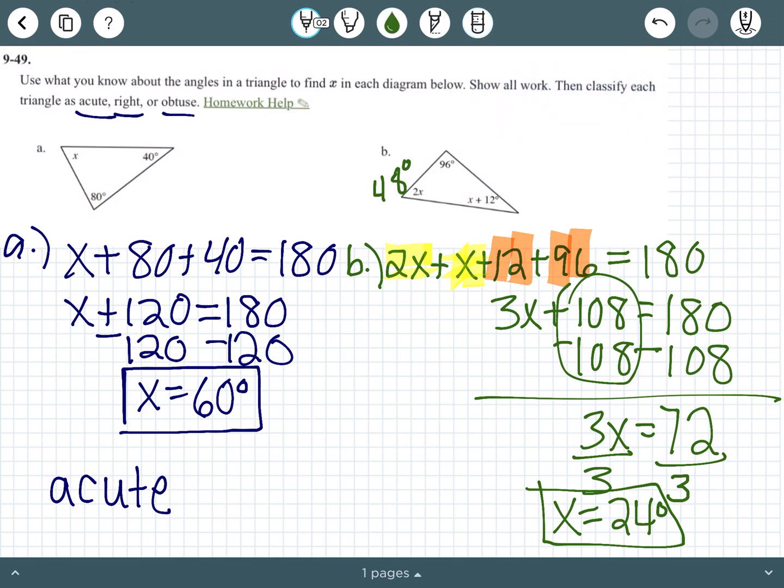And then my angle down here is x plus 12, which is going to be 36 degrees. We actually didn't need to find these angle measures. We know that this triangle does have an angle that's greater than 90 degrees, so it is an obtuse triangle. Okay, and that is all for 949.